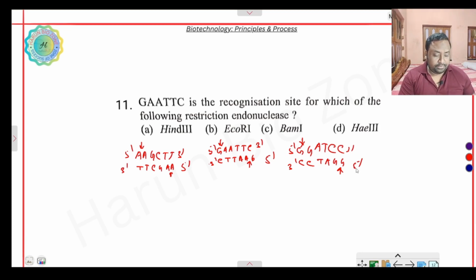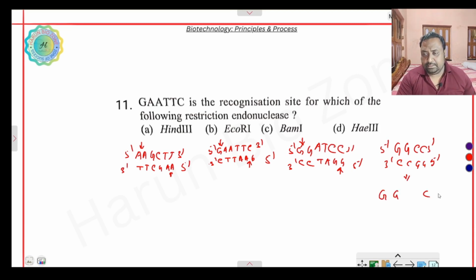But in the case of HaeIII, the sequence is 5' GGCC, CCGG 5'. So here a blunt end is formed, GGCC CCGG. This is a blunt end.